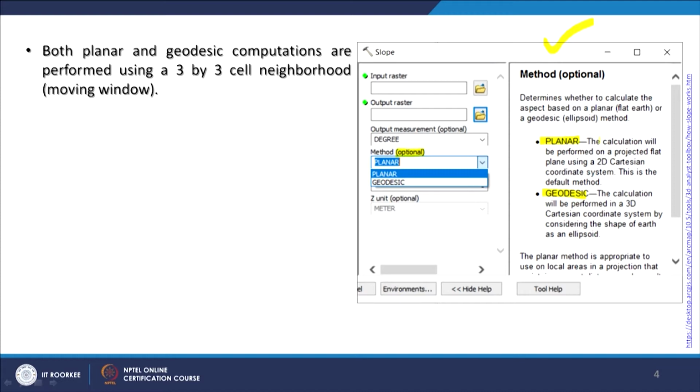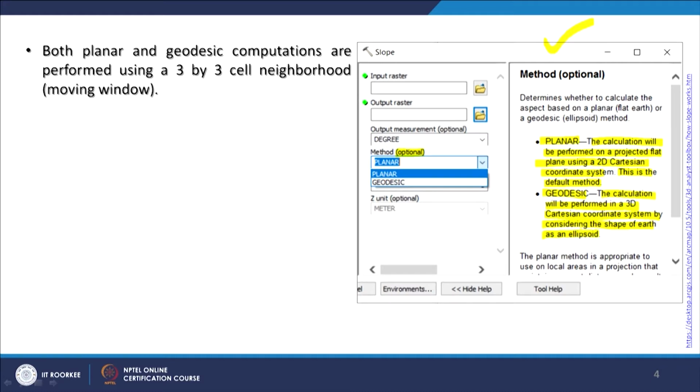In the planar method, the calculation will be performed on a projected flat plane. So, your data, which of course represents 3-dimensional data, a digital elevation model, is projected onto a 2D coordinate system and then calculated, and of course this is the default setting in most of the softwares. Now, in geodesic, the calculation will be performed in a 3D Cartesian coordinate system by considering the shape of the earth as an ellipsoid.